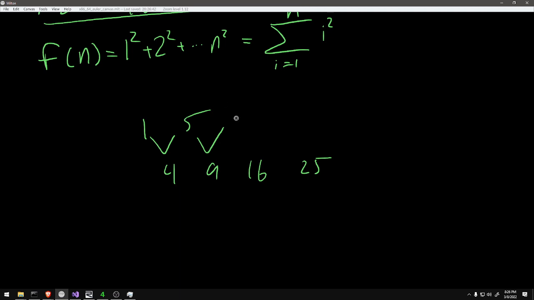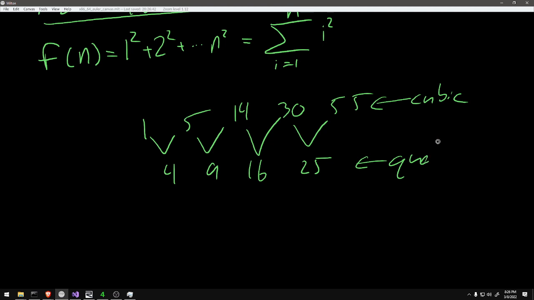It's not 15, it's 14, 30, right? So we're expecting that this right here is going to be cubic, since this is quadratic, right? That's what I'm expecting. So I think I'm going to just throw out the guess now.